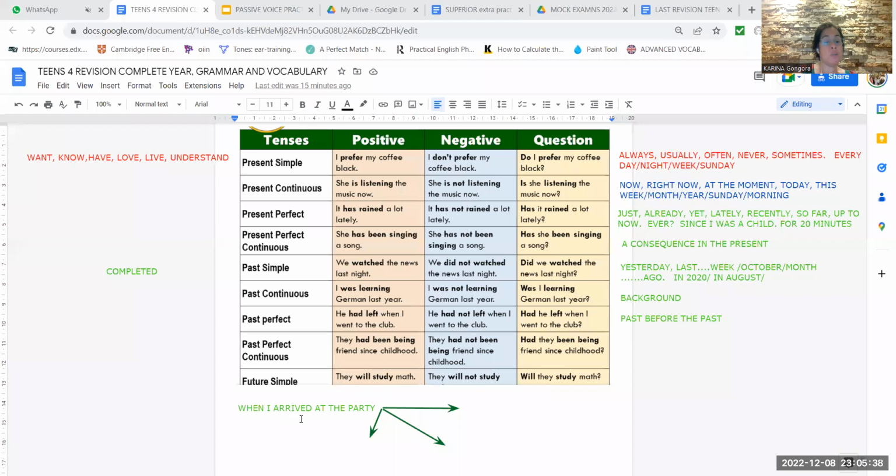The first option is, when I arrive at the party, Tom left. Si acá yo no tengo otro tiempo verbal y es pasado, the idea is that one thing happened after the other. La idea es que una cosa pasó después de la otra. So I say, when I arrive at the party, Tom left. One immediately after the other. Una y después la otra.